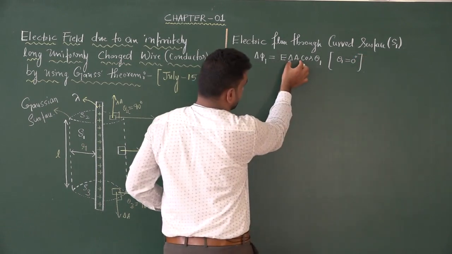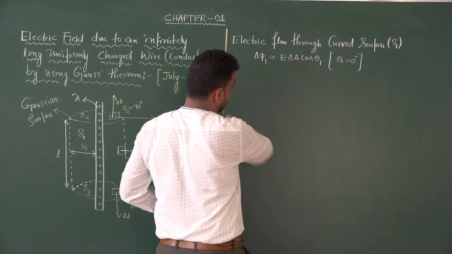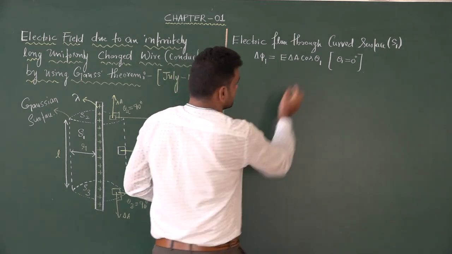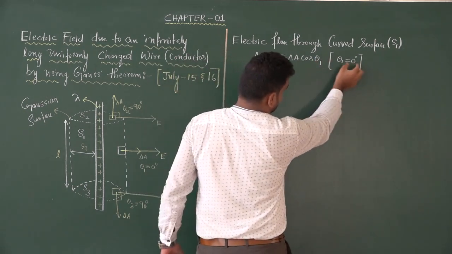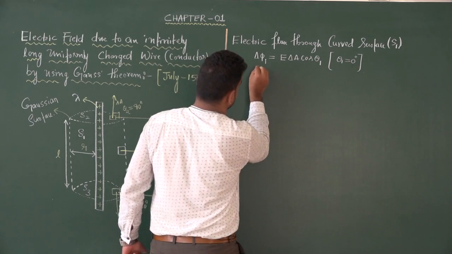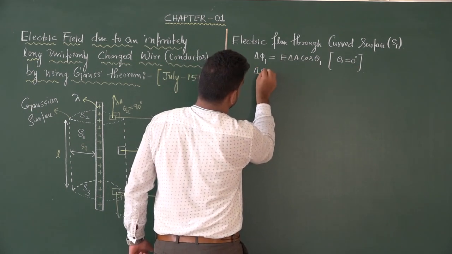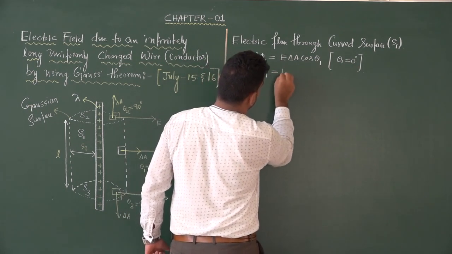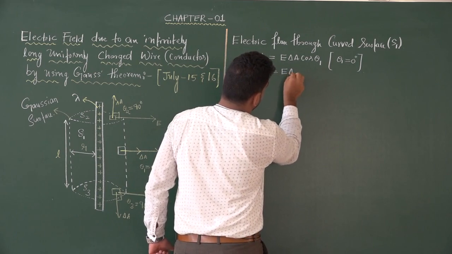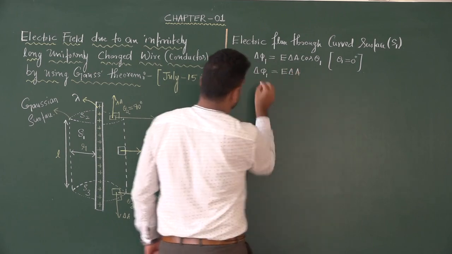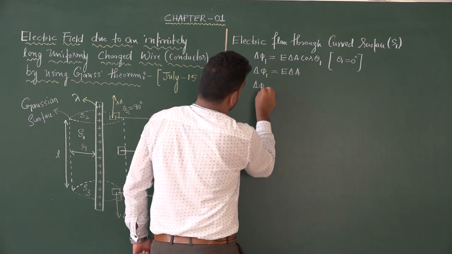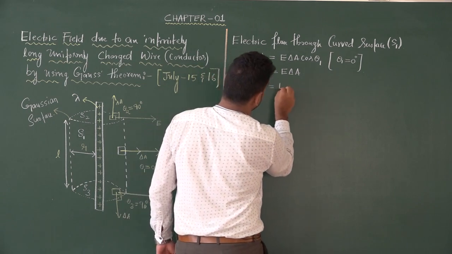So here you consider area element delta A, so only have written delta phi 1. So cos theta 1 is nothing but cos 0 degree, which is 1. What is the remaining thing? Delta phi 1 is equal to E into delta A.